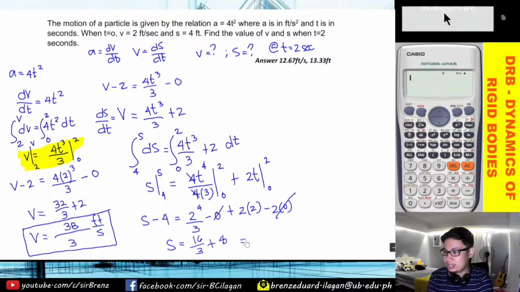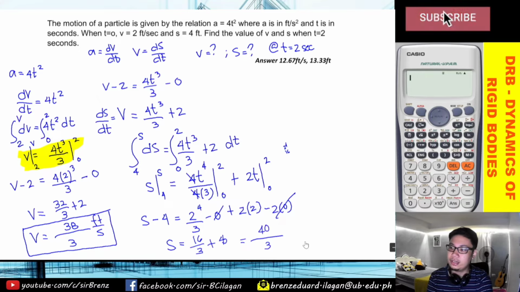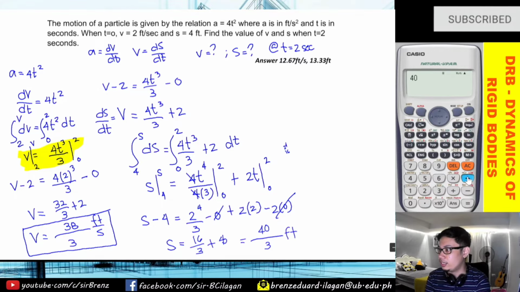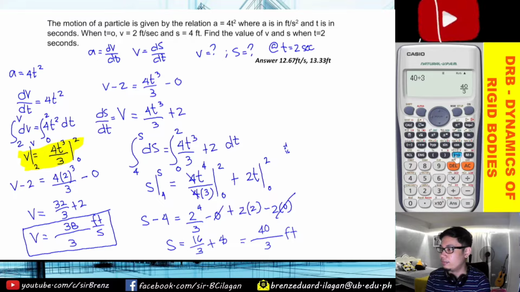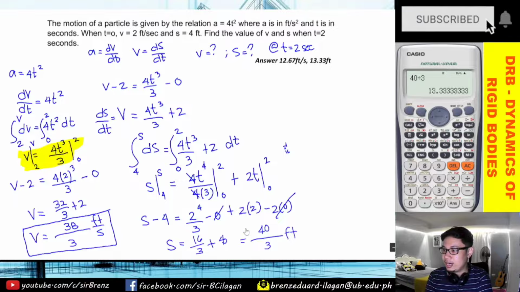Or that is equal to, with a common divisor of 3, times 3: 8 times 3 is 24, plus 16, so 40. That is 40 all over 3. So S is in feet. Let's check if it's 40 over 3. So 40 divided by 3. There, we got it. So far we haven't used a calculator except for checking.